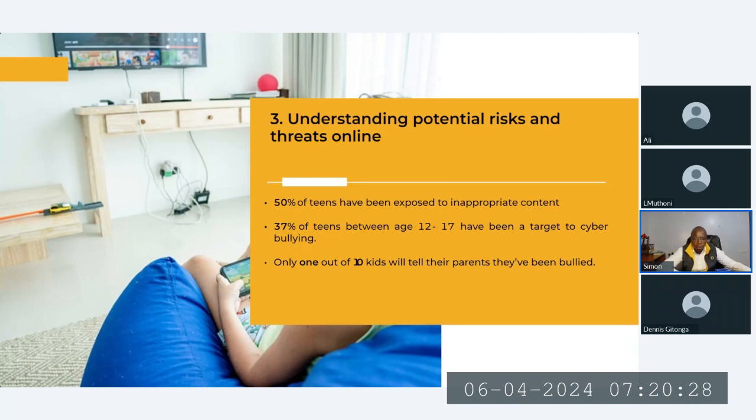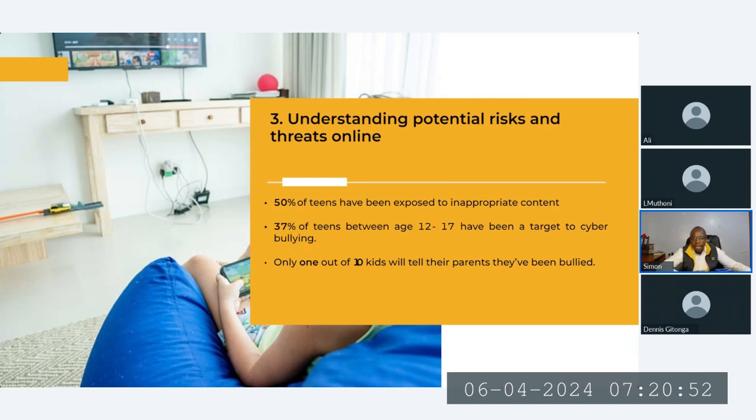Only 1 out of 10 kids will tell their parents they have been bullied. This is really a big problem, because some of them see it as a normal thing in their lives, or because it's very common around, they think, okay, I don't need to tell this to my mom. But it affects their psychological well-being.